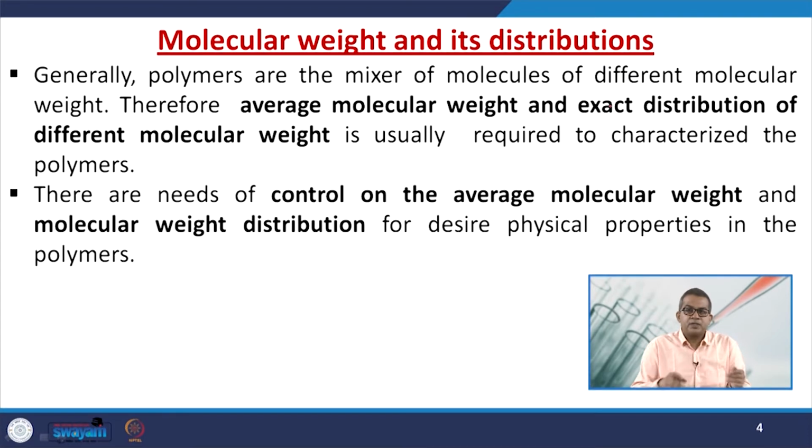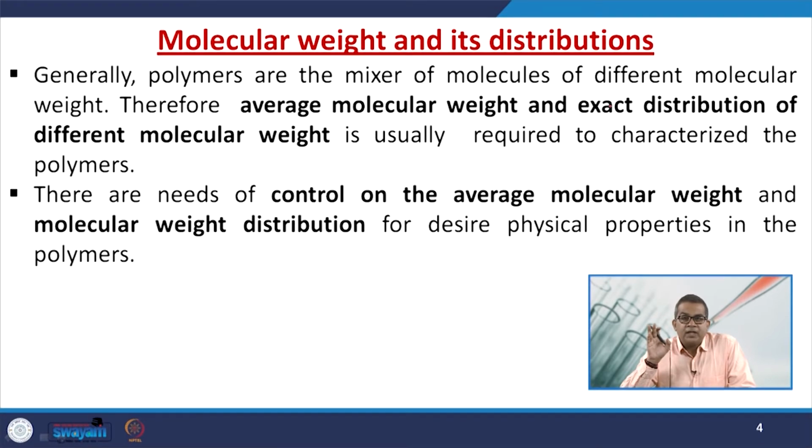So, based on this particular thing, we already discussed that polymers are usually a mixture of molecules of different molecular weight, attributed to the different polymeric chains having different numbers of monomers. Therefore, the average molecular weight and the exact distribution of different molecular weights is usually required to characterize the polymer rather than the specific molecular weight of those polymers.